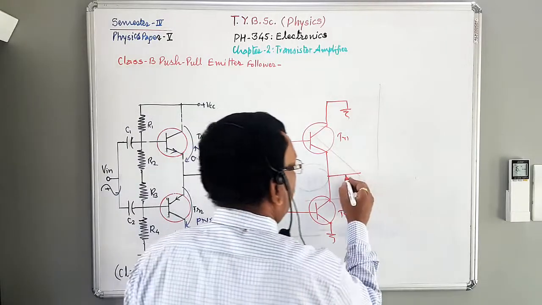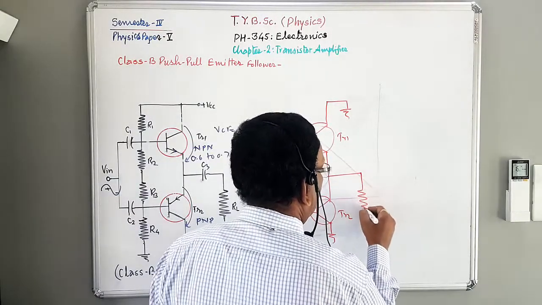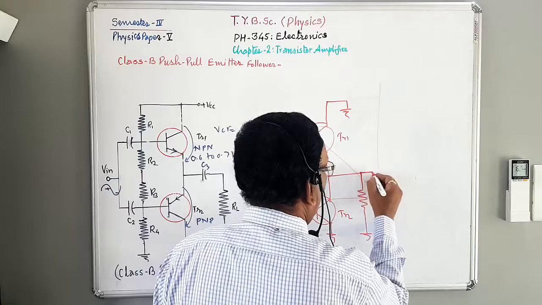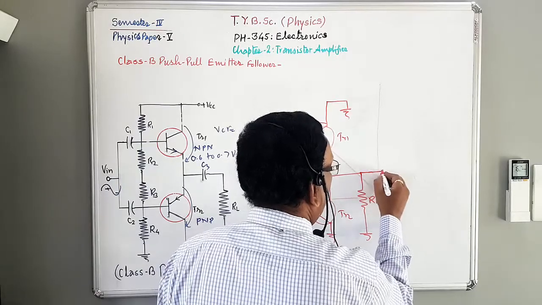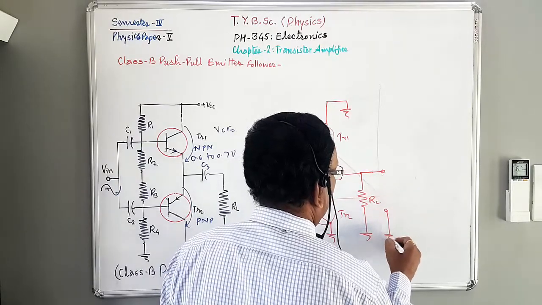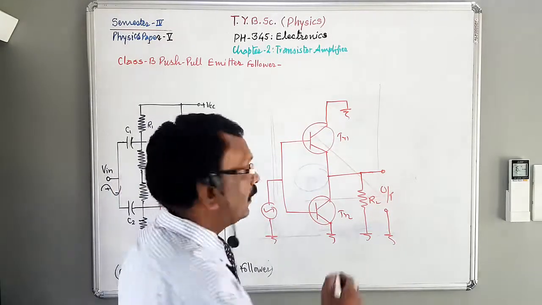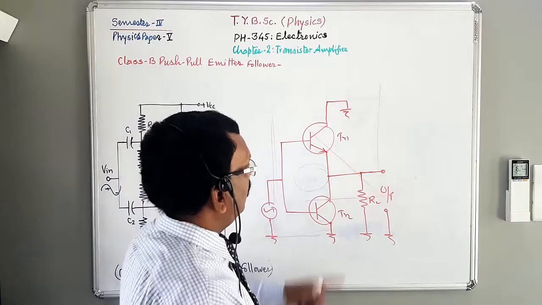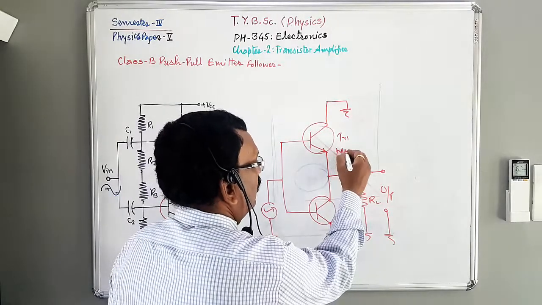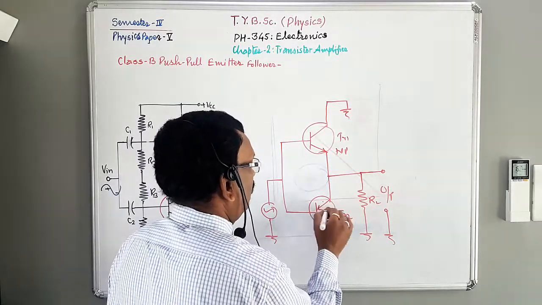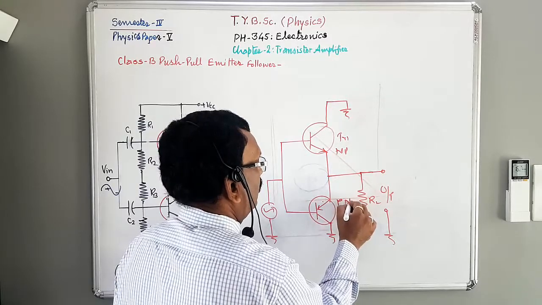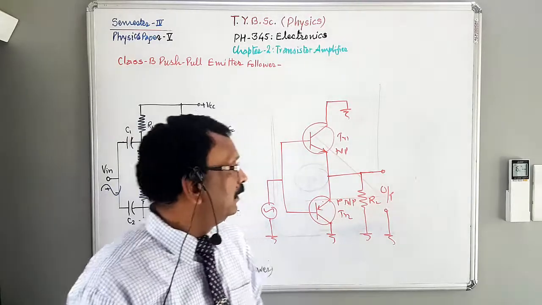And now we are going to take the output voltage across this RL. Here this is an NPN transistor and this is a PNP transistor.